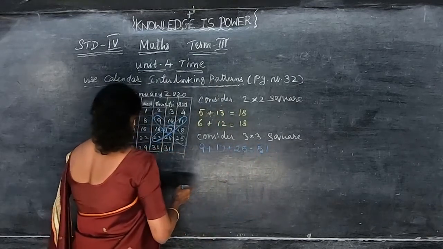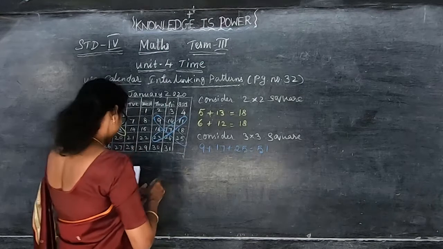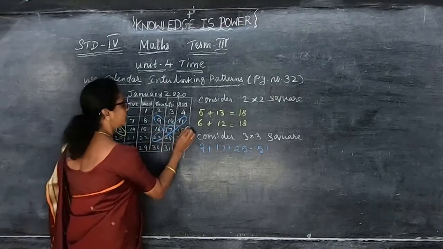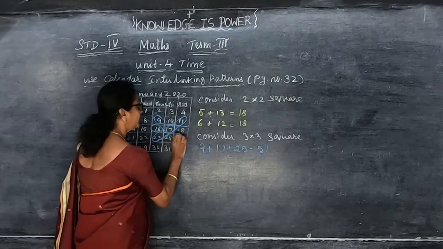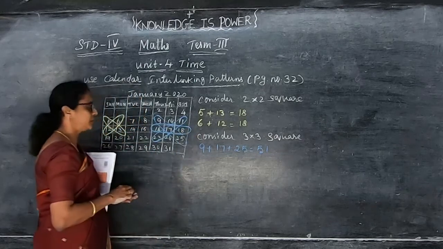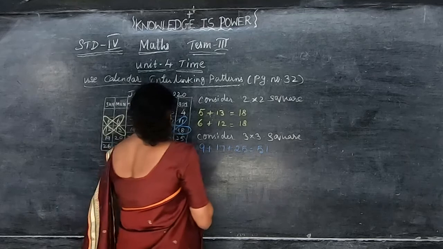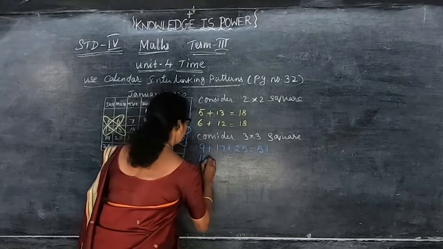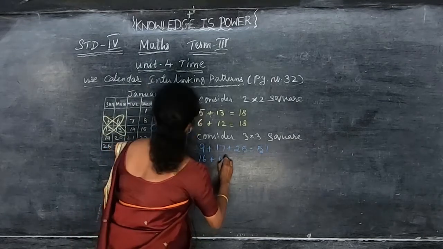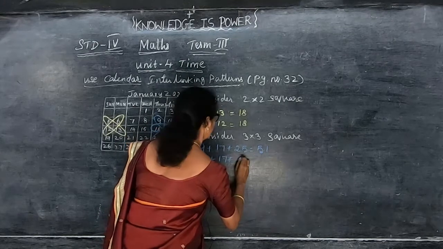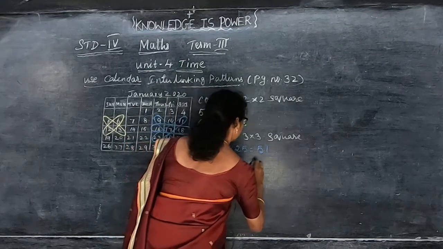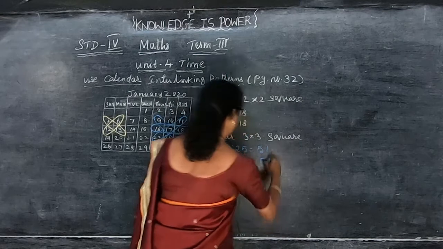Then, if it is 2, take only 2; if it is 3, take these 3. 16 plus 17, 17 is the middle number, so it will come up for all the numbers, plus 18. And 23, that is also 51.